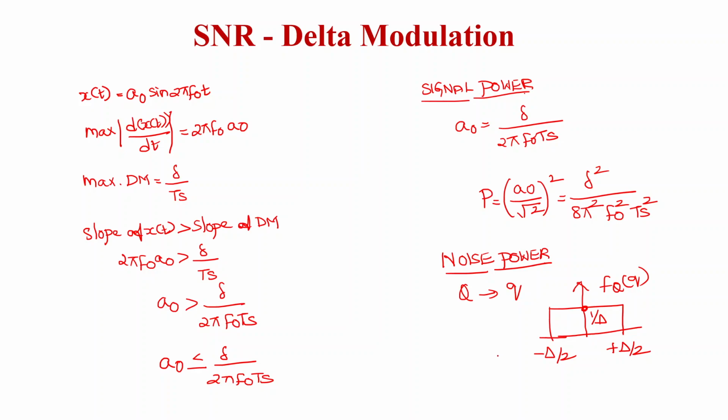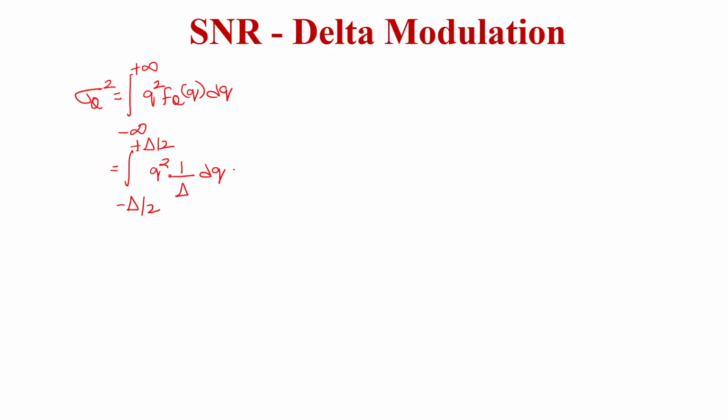Find the mean of this quantization error; with the help of the mean, I can find the variance of this noise. The variance sigma q square is the integral from minus infinity to plus infinity of q square fQ(q) dq. Here the limit is minus delta by 2 to plus delta by 2, q square into 1 by delta dq.